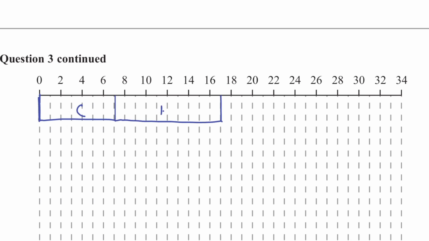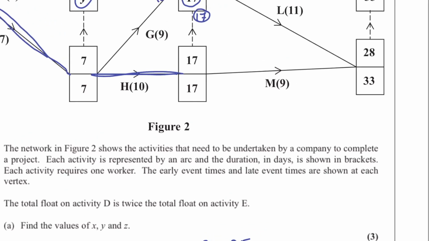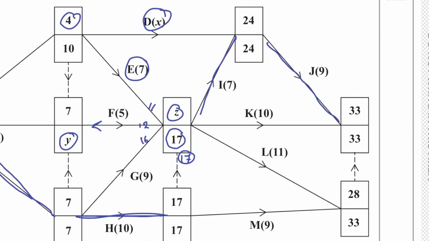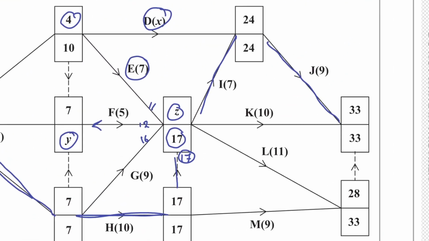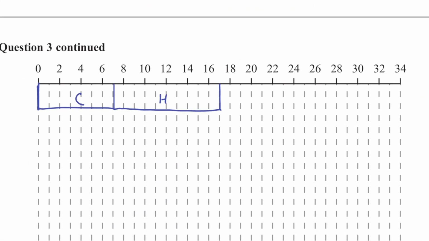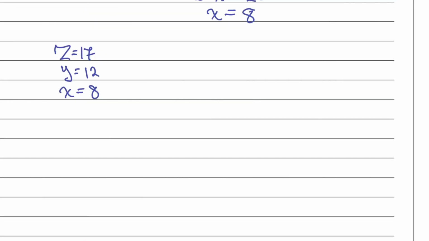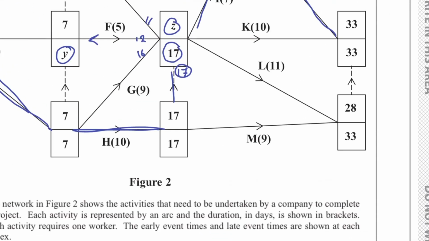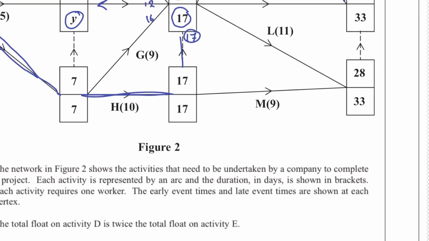This one was H, and from 17 it went to 24. So we go up here, and then this is going to be I, and it's going to end at 24. And then the final one was J, and it's going to end at 33.